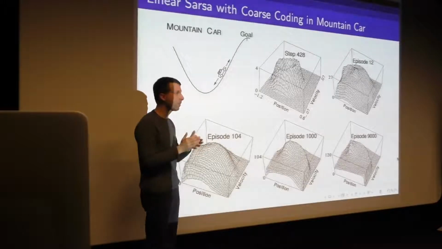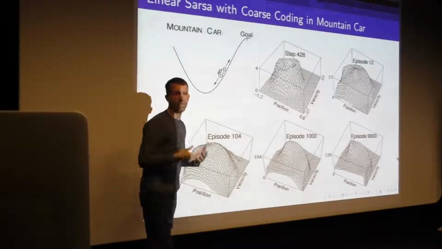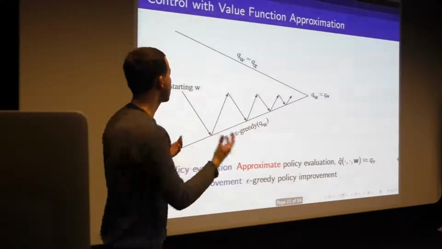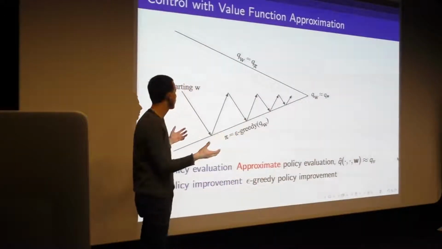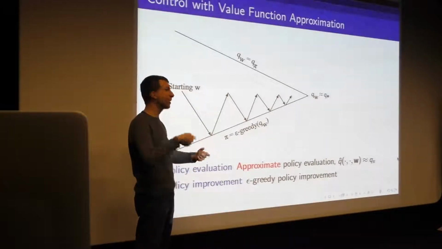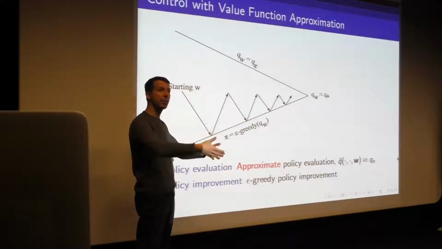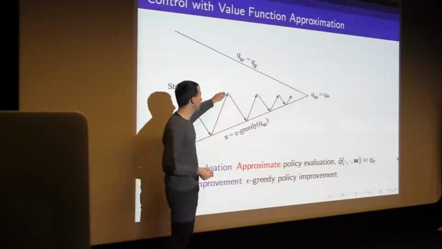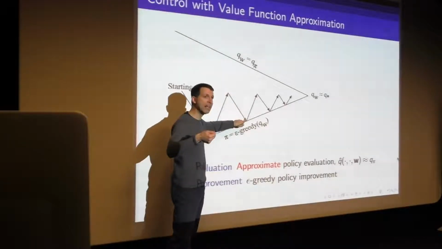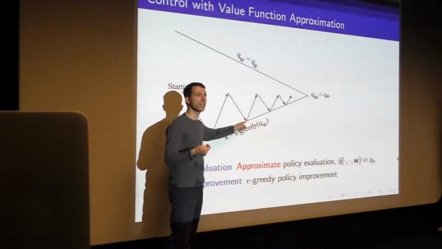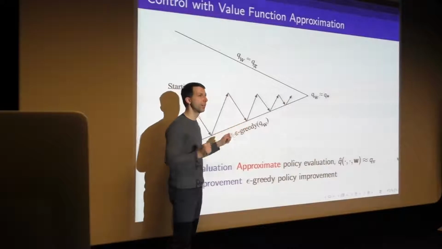SARSA, if you remember, is literally the extreme case of this diagram here, where every single step we update our value function, in this case using a linear function approximator to estimate Q. Every single step we update Q, and every single step we act greedily with respect to Q to pick our next action, but we also flip a coin to see if we do something random to make sure we explore. That's SARSA. That's all it does.